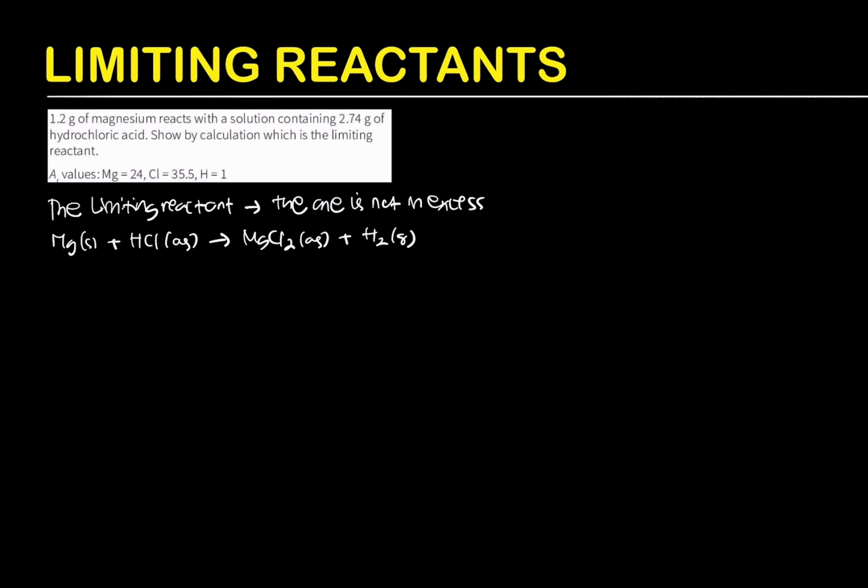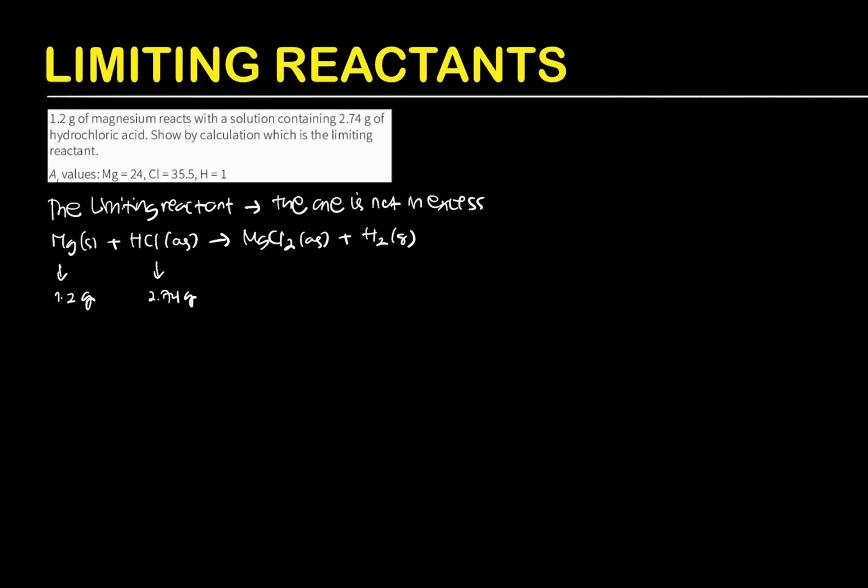Now, the magnesium is 1.2 gram. That's the mass. Meanwhile, this is 2.74 gram. They are given in mass, which means they weighed them in order to find out exactly the amount of the reactants.